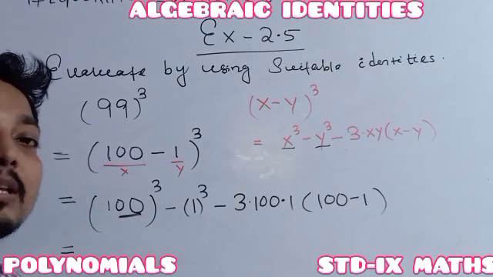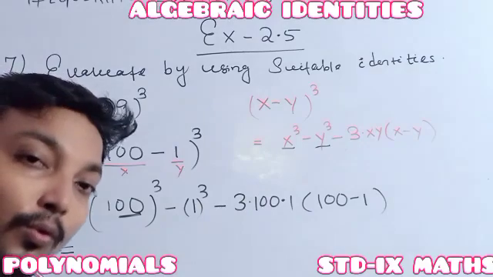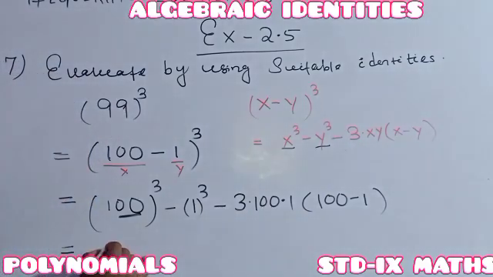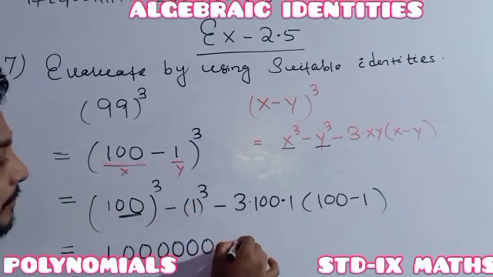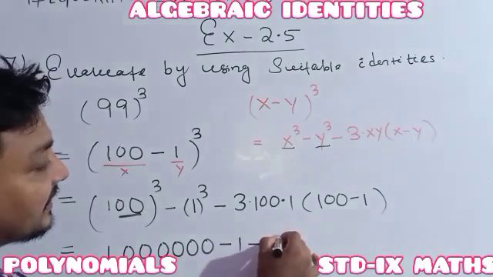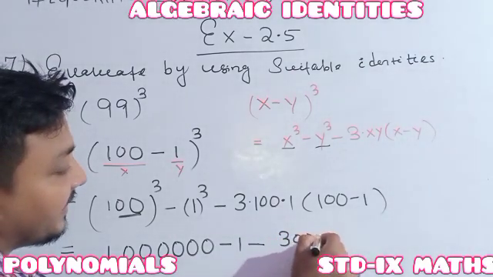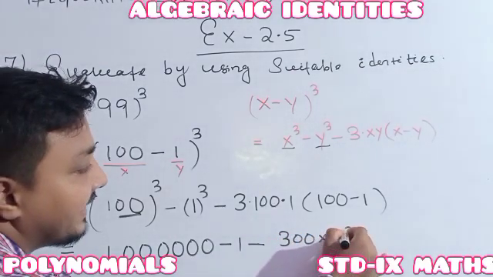So here it is 100 cube. Here with the 100 it is there. So to the power 3 means 2, 2, 2. So total with the number of zeros it will be 6: 1, 2, 3, 4, 5, 6. And here 1 cube means minus 1. And here it is minus 300 into 99.